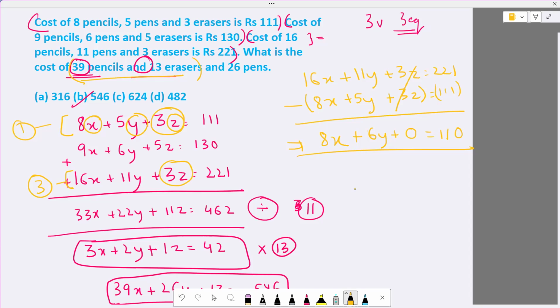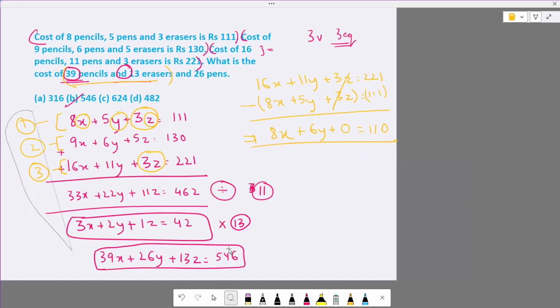Second, what can we do? We can also take the second equation and the first equation, right? They're smaller as well. Wait, I'll just reduce the size of it.